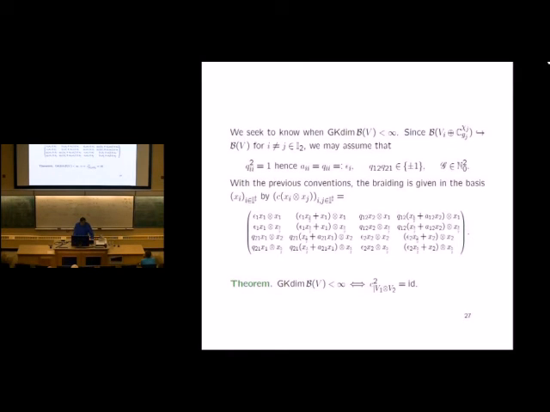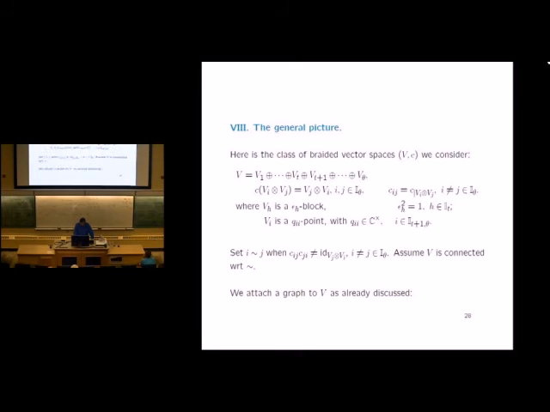Okay, so this took us a while to understand this result, and once we have this, it was clearer how to give the general picture. So the general picture is like this. We have these are blocks.